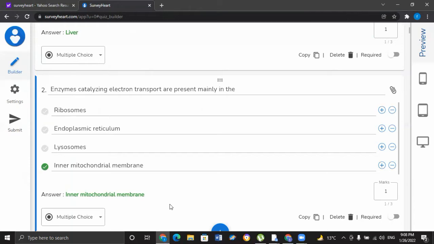It is a linear process and it occurs in the mitochondrial membrane. So the enzymes responsible for catalyzing the electron transport chain should be present in our mitochondrial membrane. So the correct option for MCQ number 2 is D, inner mitochondrial membrane.